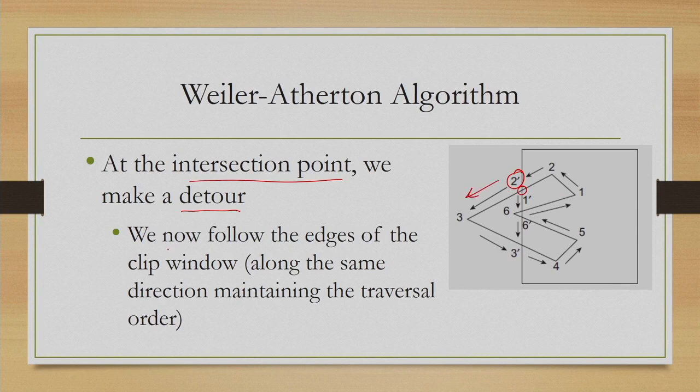Instead, we now follow the edge of the clip window along the same direction, maintaining the traversal order. So, in this example we follow this anti-clockwise direction and make a detour from here along the window boundary. Essentially, we initially traversed in this way, then found that this edge is crossing to the outside, so we traverse along the window boundary instead of continuing along the edge.